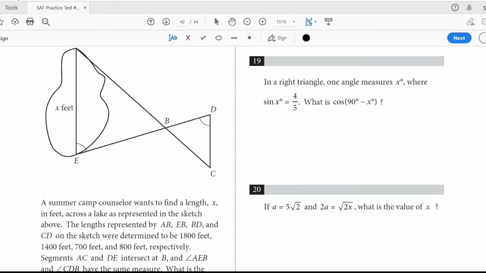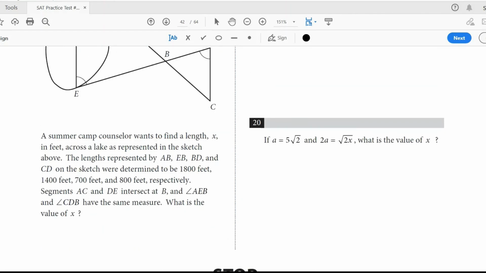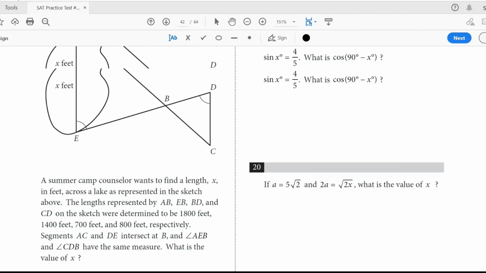We have this triangle shape here and a word problem associated with it. A summer camp counselor wants to find out a length x in feet across the lake which is represented in the sketch here. The lengths represented by AB, EB, BD, and CD are determined to be 1,800.